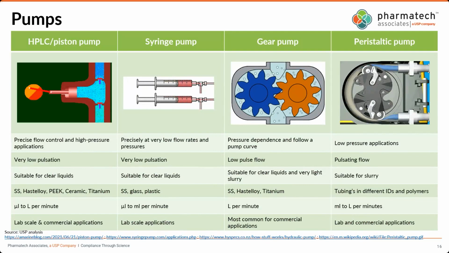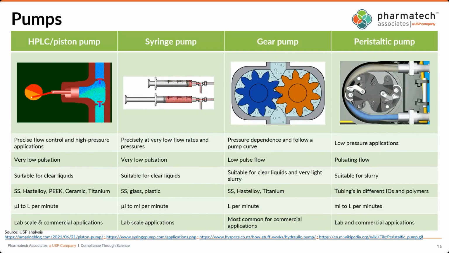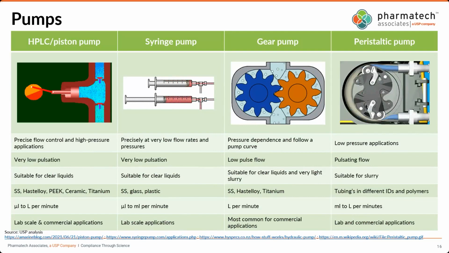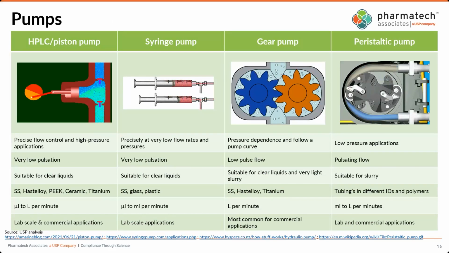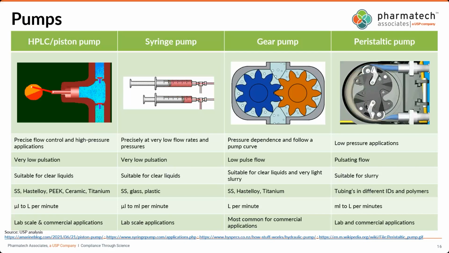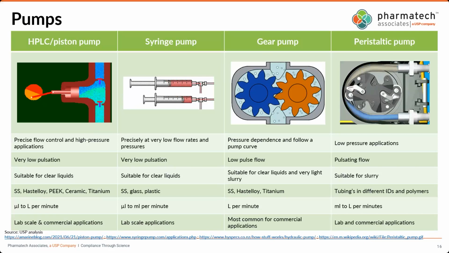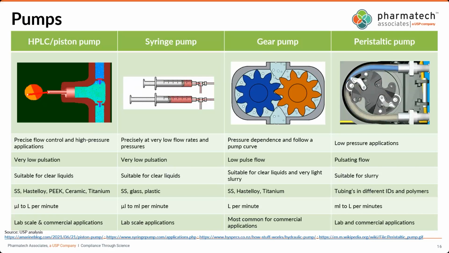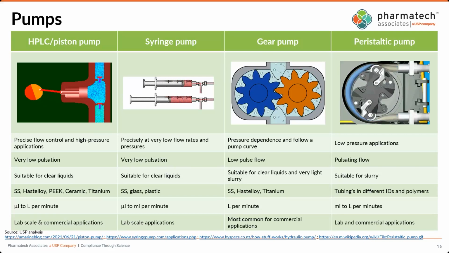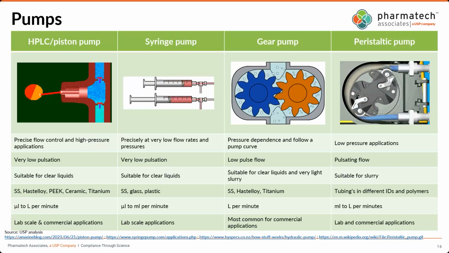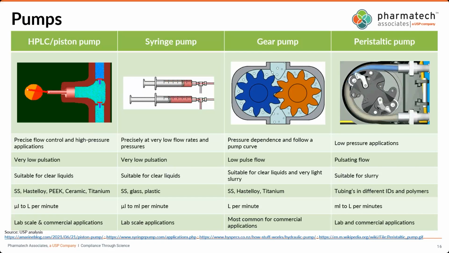They are favorites because of their precise flow rate control, and they are able to operate at very high pressure applications. Basically the piston pumps excel in delivering precise and controlled flow rate irrespective of the pressure, which is critical in maintaining the steady state of control or the steady flow of your reactants during your process.